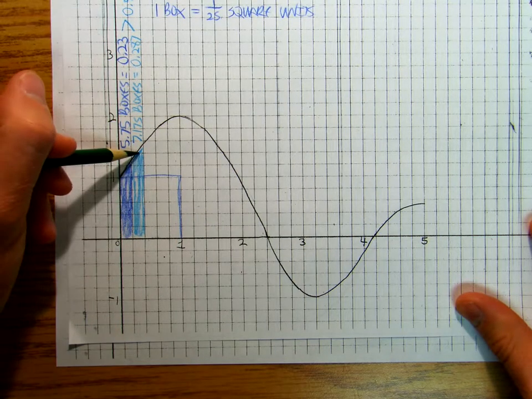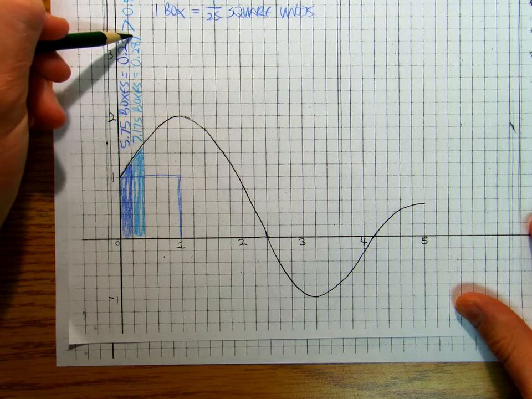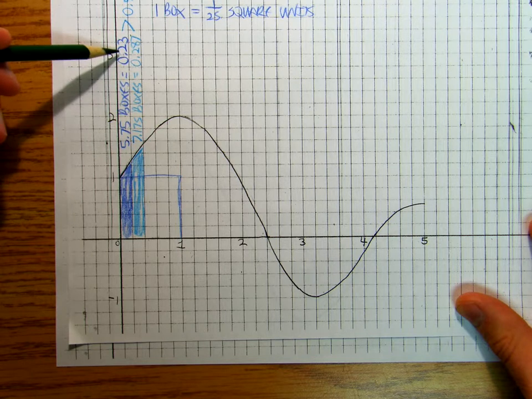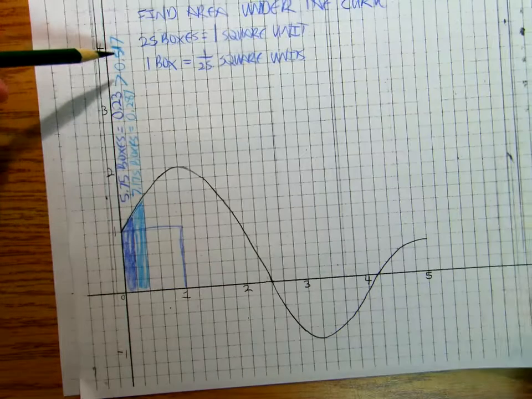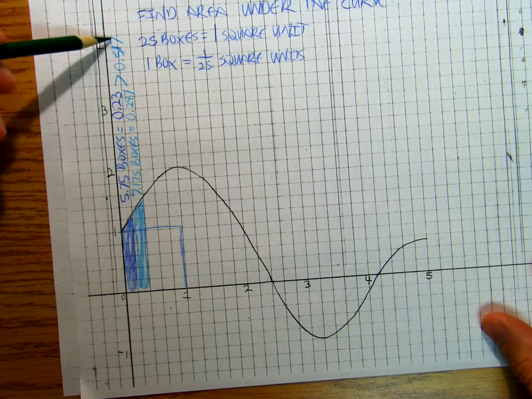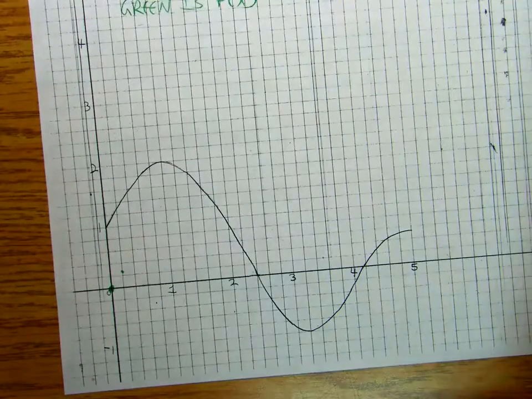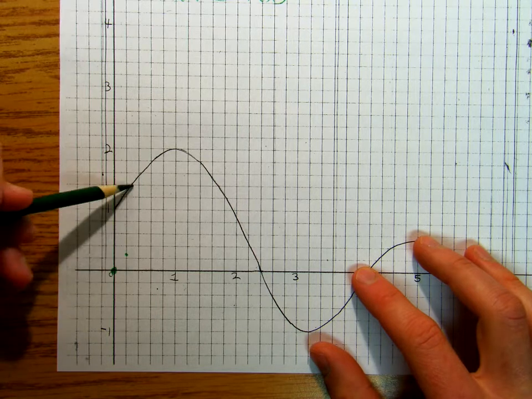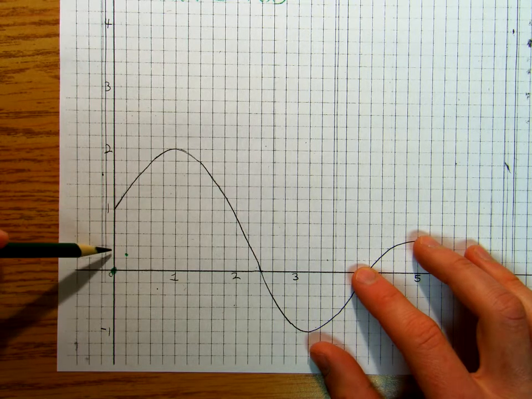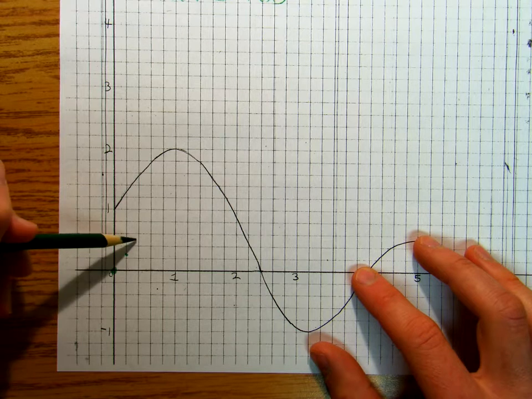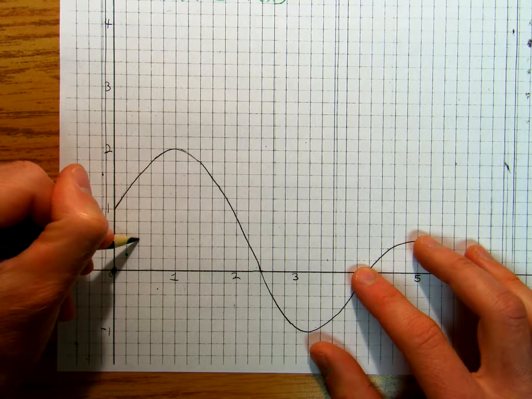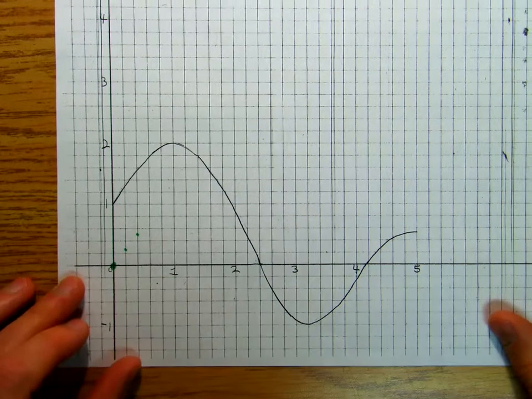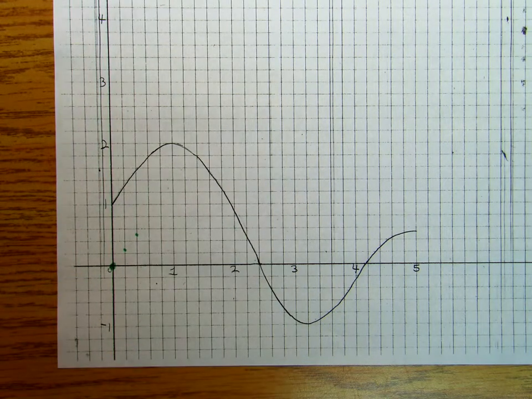Now, I determined that the area of the second column is 0.287, and when I add 0.287 to the first column, I end up with a total area of 0.51. So when I add these boxes, I go up 5 and 7. There's my 0.5, so 0.51 is right above that.